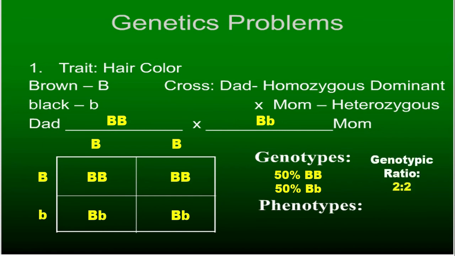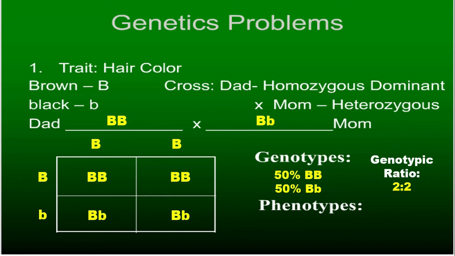As for the genotypic ratio, 2 is to 2. Because two boxes are both written in capital letters and two boxes are written in one capital letter and one small letter. So the genotypic ratio is 2 is to 2.